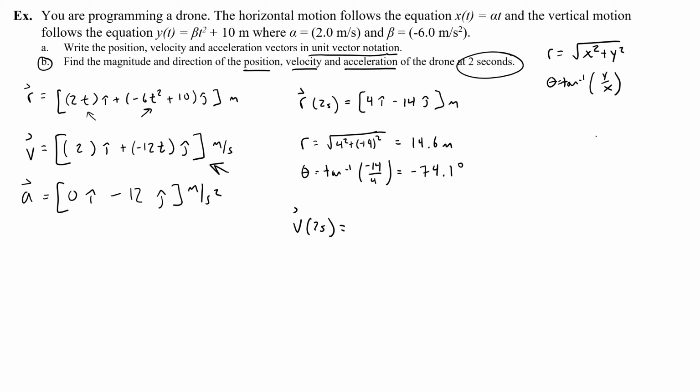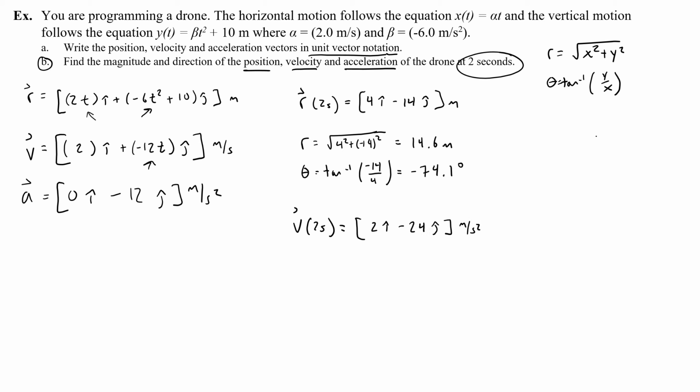So the i component doesn't change, it's just 2, so still 2. But this negative 12 times t, negative 12 times 2 seconds, is going to give me negative 24, so minus 24j, meters per second.